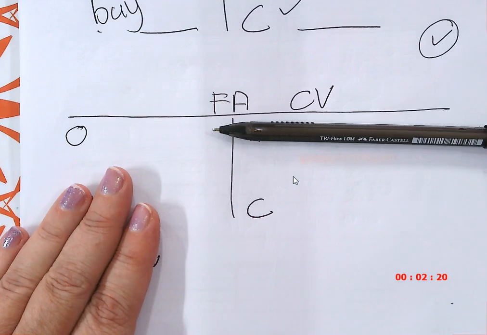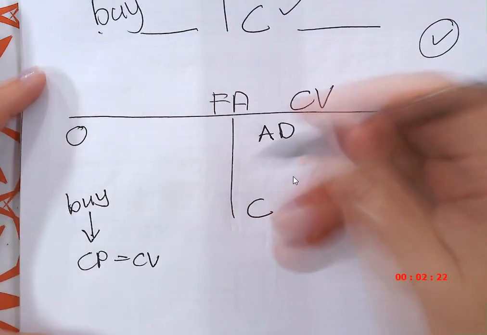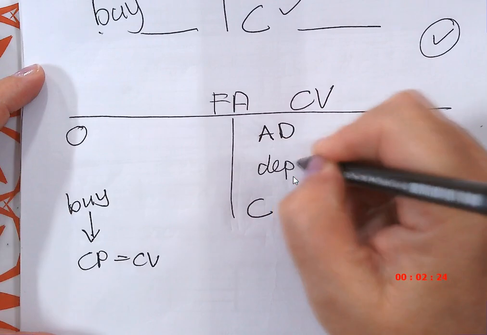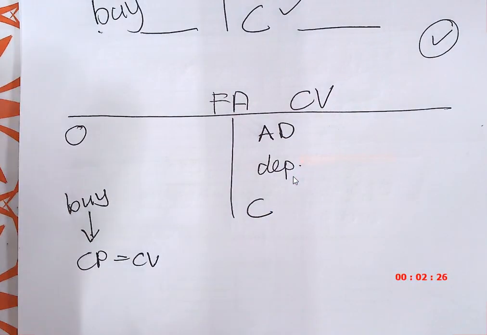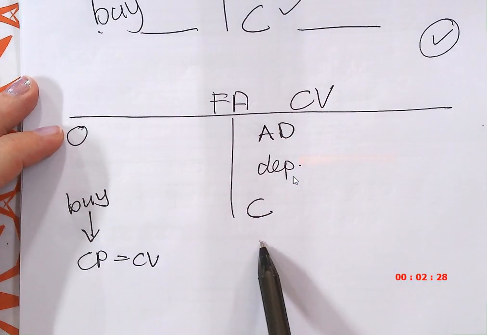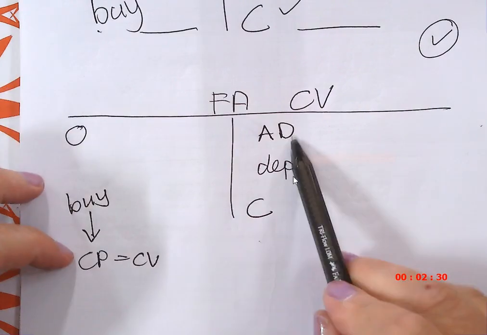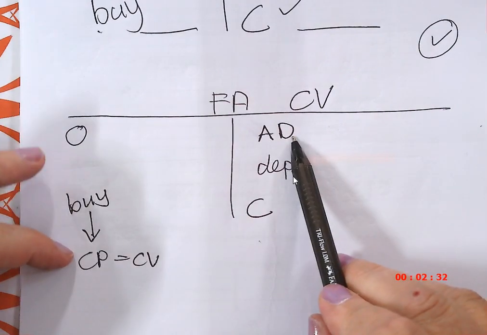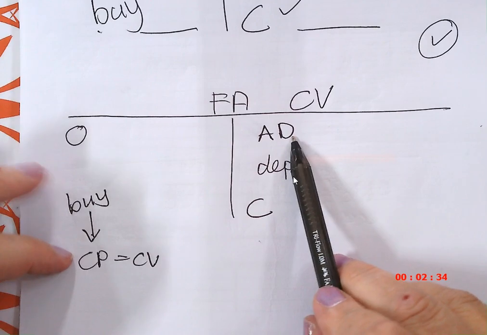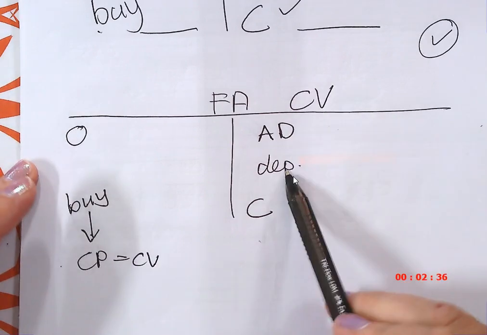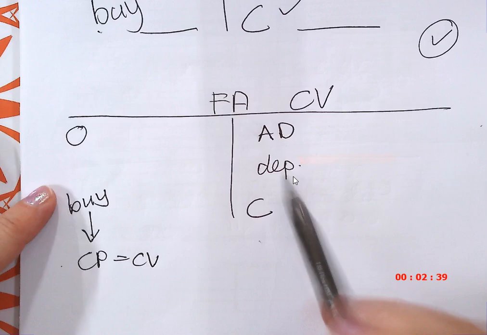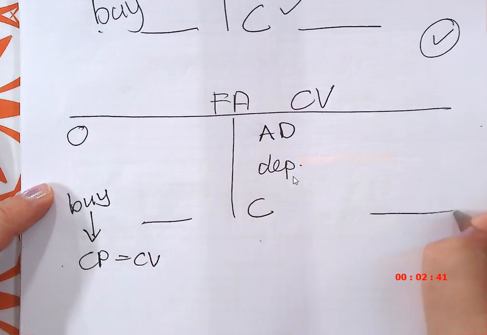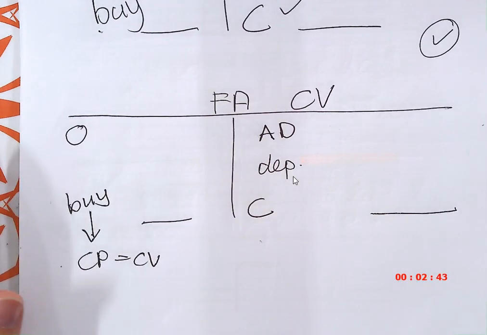Depreciation. So, I'm going to put depreciation in there. So, there's your format. I've got an opening and a closing, whatever I buy, and an asset disposal. But because it's at carrying value, I also put in depreciation.